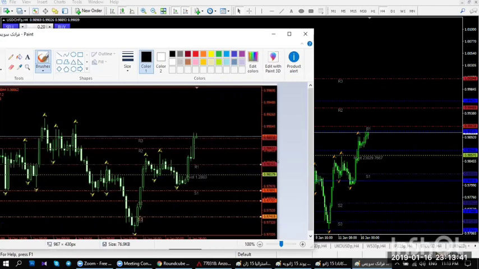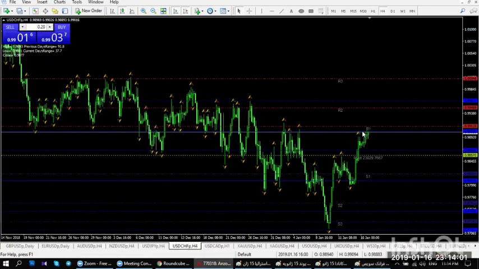It has been updated. No, you see, this is yesterday's screenshot. Your R1 has been broken, and today it has also updated upward. It means that you're going to have an ascending trend.